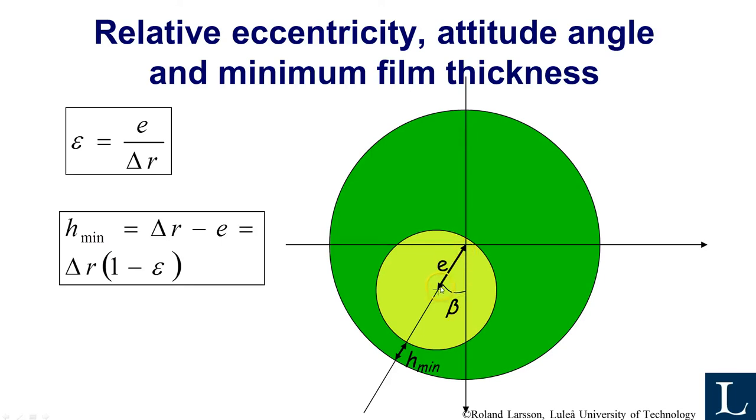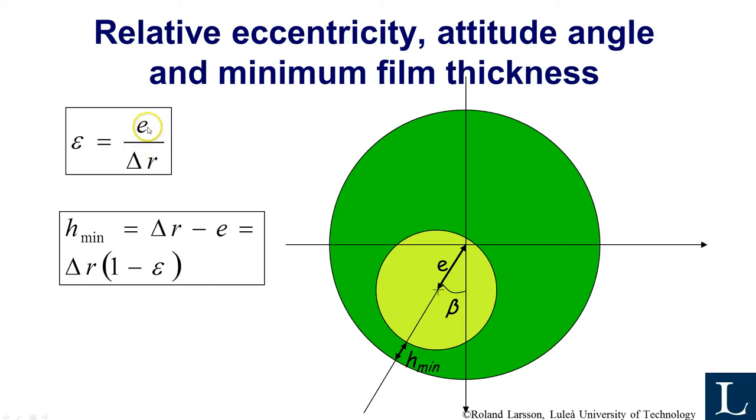And then the minimum film thickness occurs in the direction of the eccentricity, and you can define a few important parameters here, like the relative eccentricity, which is normally used.